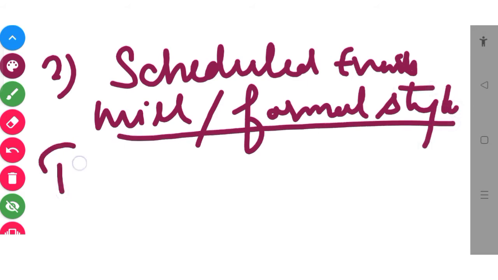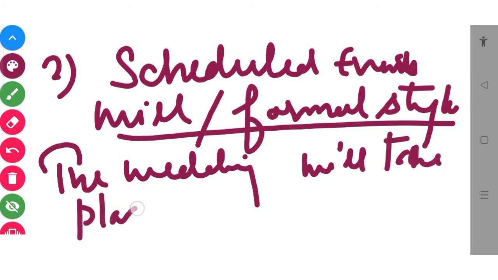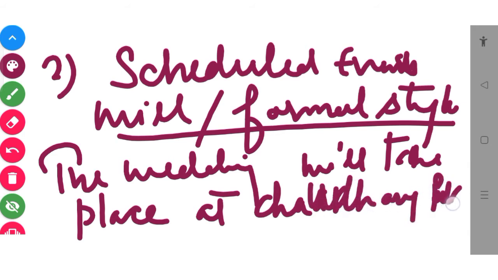For example, if I say, the wedding will take place at Chaudhary Palace on 29th June.